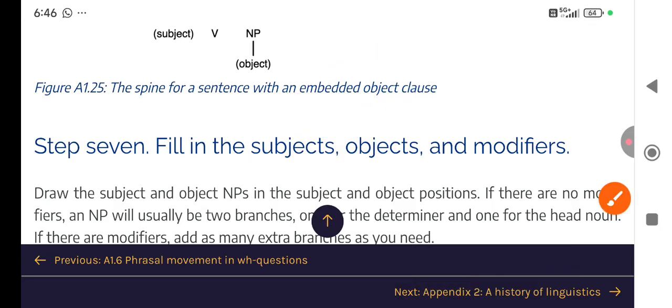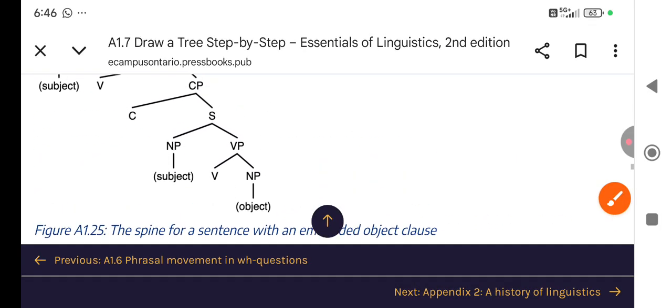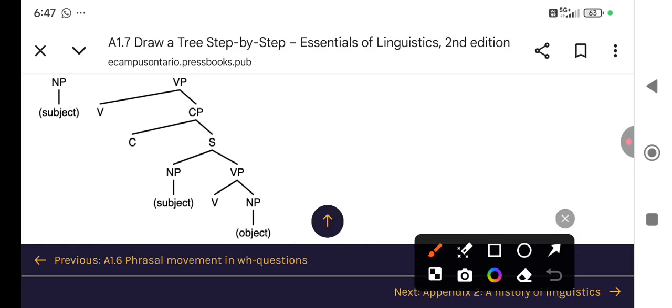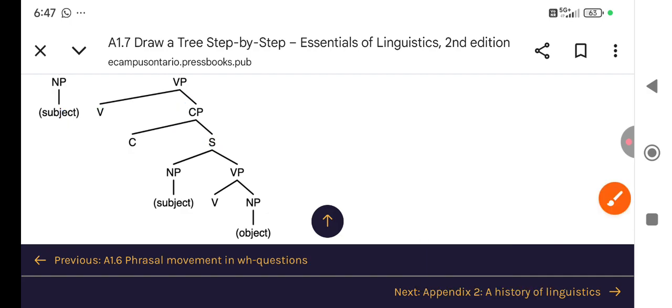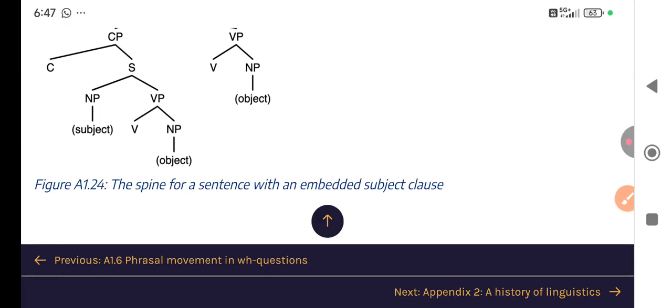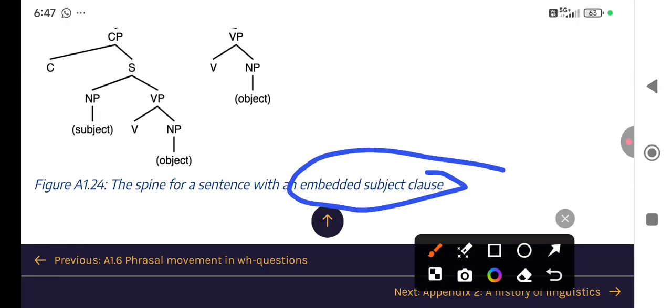The object clause means this clause position will be after the verb, on this side. This is the object clause, after subject and verb. And for an embedded subject clause, the position will be on this side.